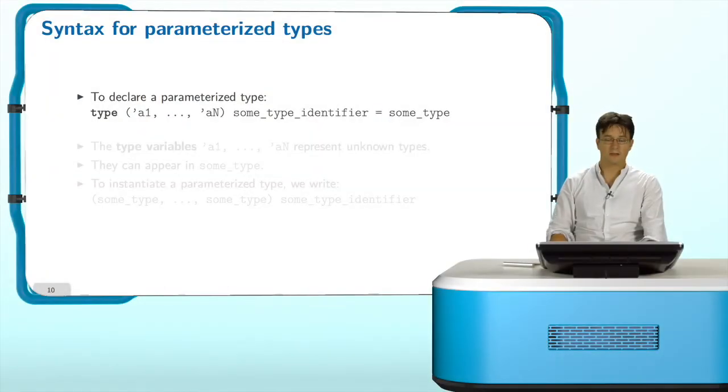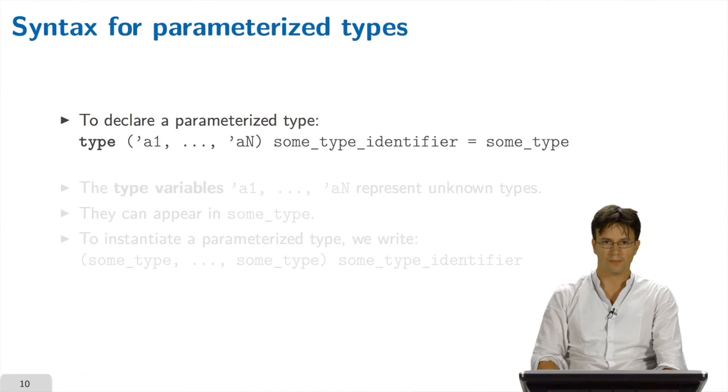The syntax to declare a parameterized type has the following form. You first write the type keyword, and then between parentheses and separated by commas, you write the type parameters that you want to introduce in your type definition.